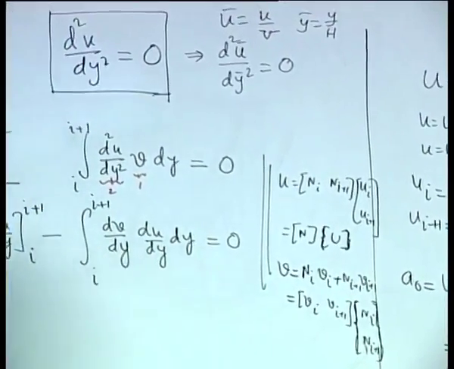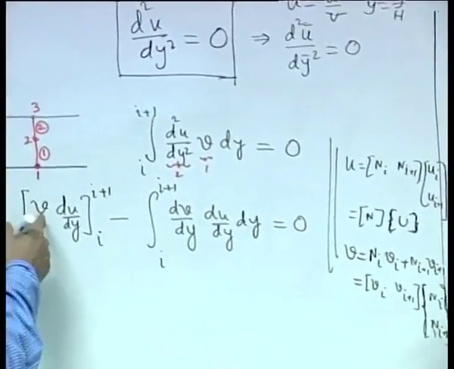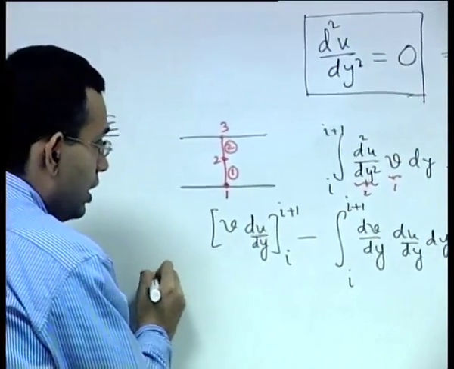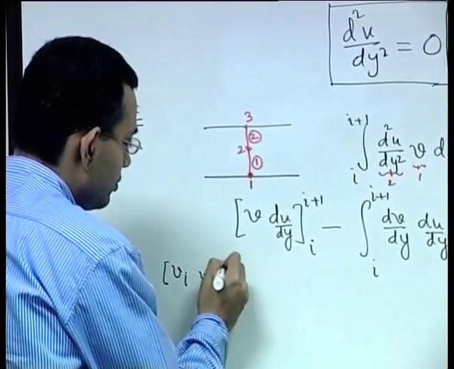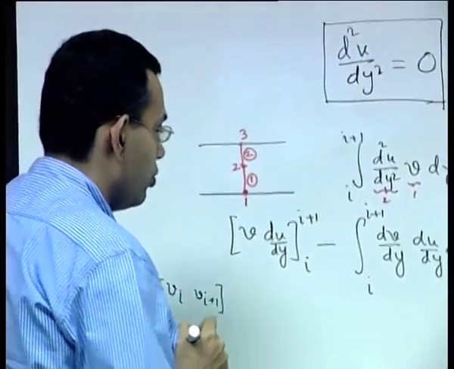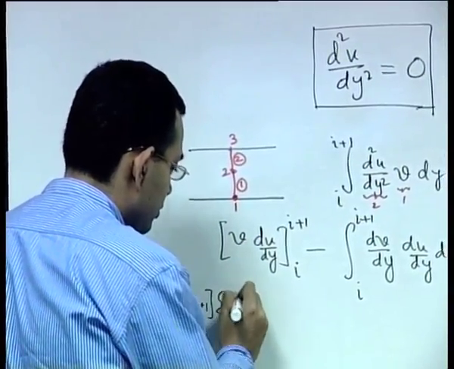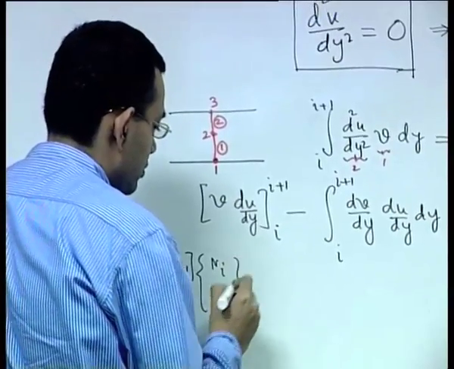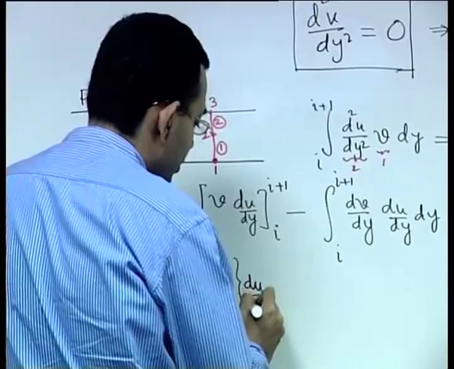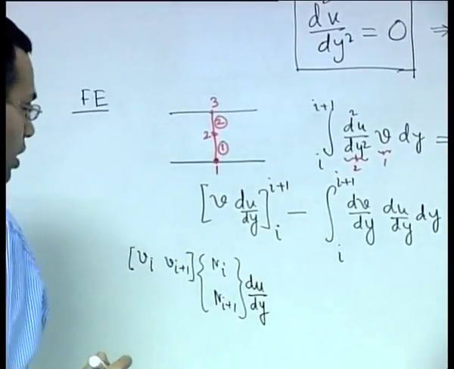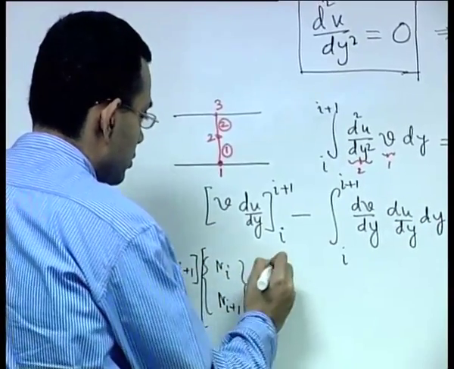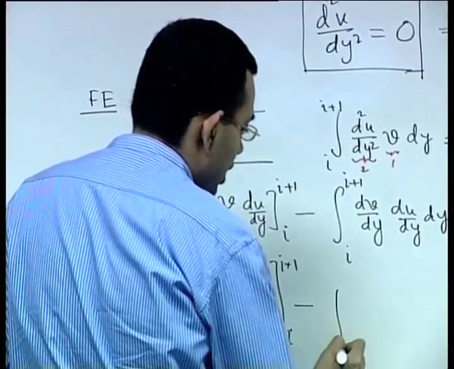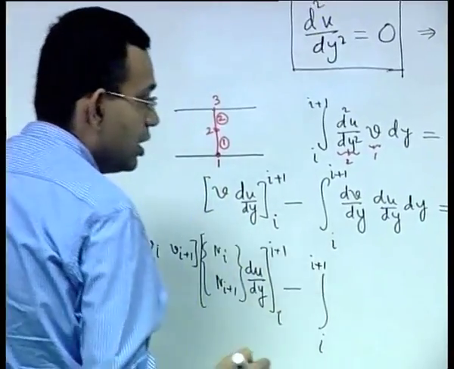Let us substitute those here. In place of V we write Vi, Vi plus 1 into Ni, Ni plus 1 multiplied by du dy at i plus 1 minus the integral from i to i plus 1 of dv dy.